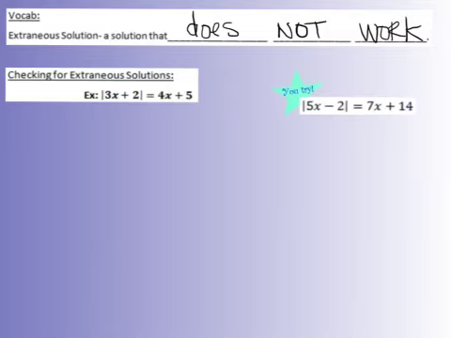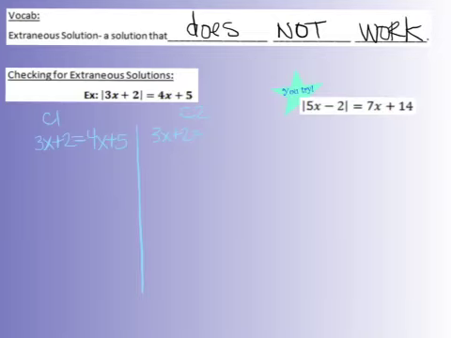So again, my first step is to isolate my absolute value, and you can see here my absolute value is isolated. There's nothing else over on this left side. So now I'm going to go ahead and create my case 1 and case 2. So case 1, I have 3x plus 2 is equal to 4x plus 5. And my case 2 is going to be 3x plus 2 is equal to negative 4x.